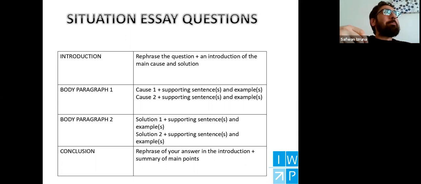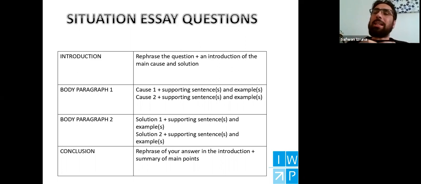So we could say, for example, that fast food is high in calories. Yeah, so fast food is very, very high in calories. And if these calories are not burnt, they're stored in the body as body fat. So here we've made a connection between the two ideas. So a lot of students, when I say to them, give a cause and support the cause, they don't understand exactly what I'm asking them to do.